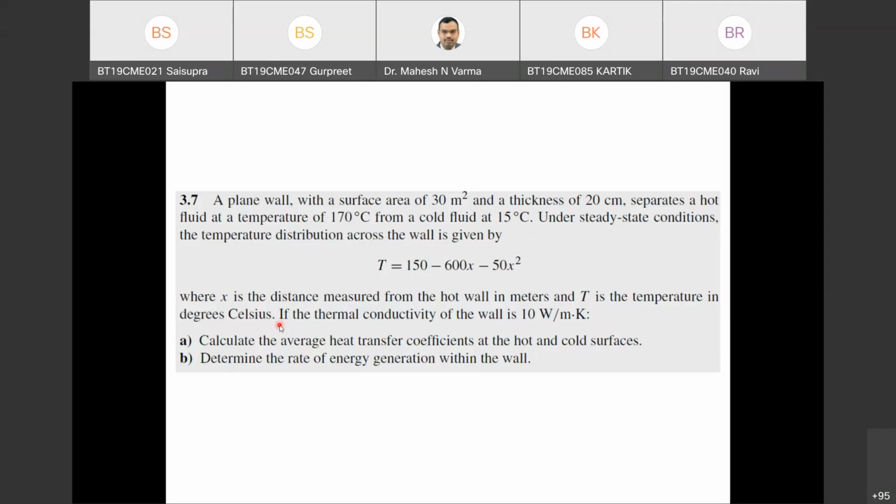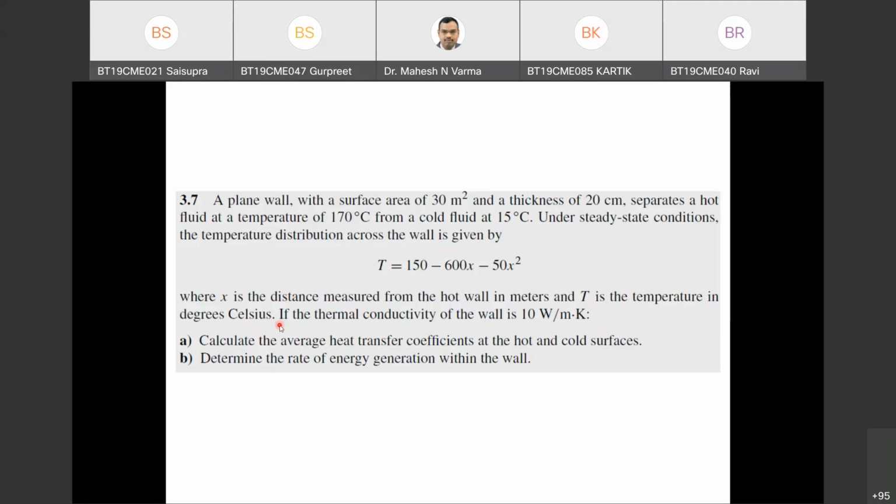But how to get flux? Flux will be equal to h into delta T. So now you got delta T. And how to get small q? Small q is equal to K into area, I mean the distance.